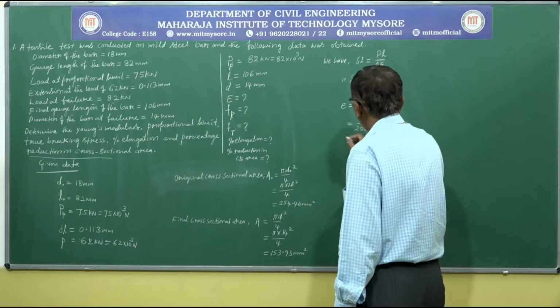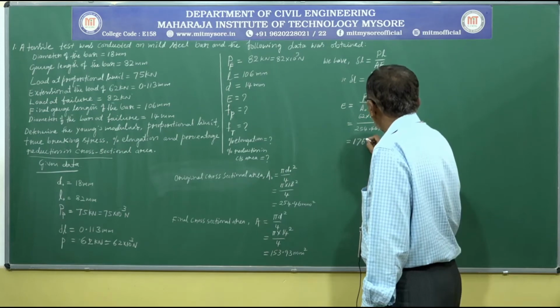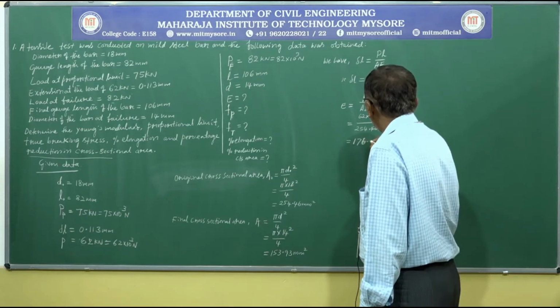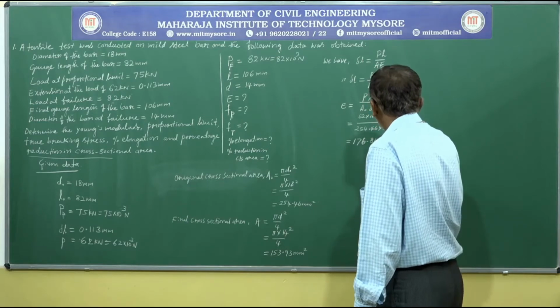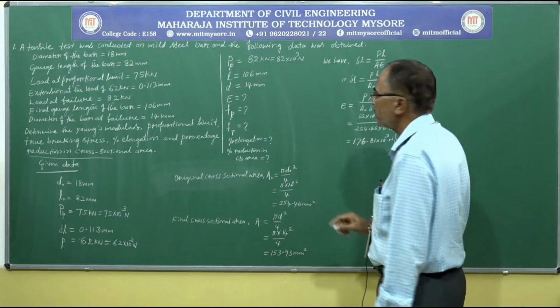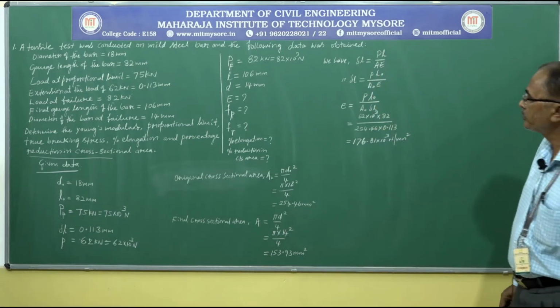Solving this, you will get Young's modulus as 176.81 into 10 power 3 Newton per millimeter square. The unit of Young's modulus is the same as that of direct stress, Newton per millimeter square.